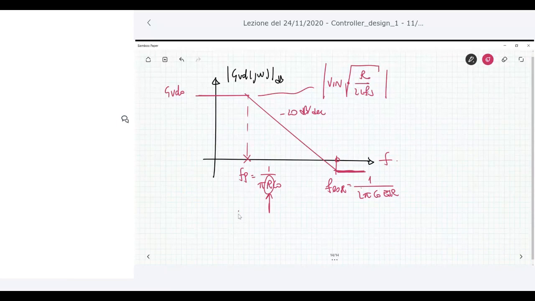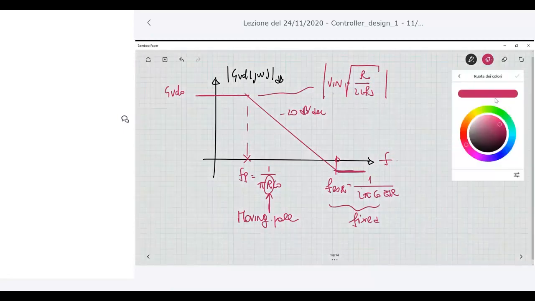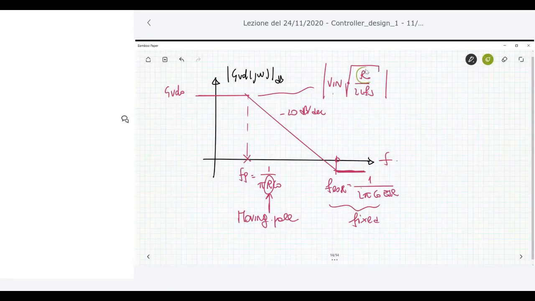So this is a pole that moves depending on the operating condition. So this is a moving pole, and this 0 is fixed because it all depends on parameters that you have to design, C naught and ESR. The gain here is moving because it's moving according to the resistance R and V, so it can change up and down.